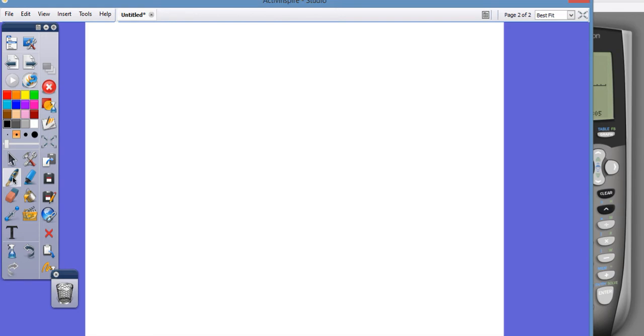Now, the second problem I'm not going to go over at great length. What does it say? It says you've got y is equal to x squared minus 25.